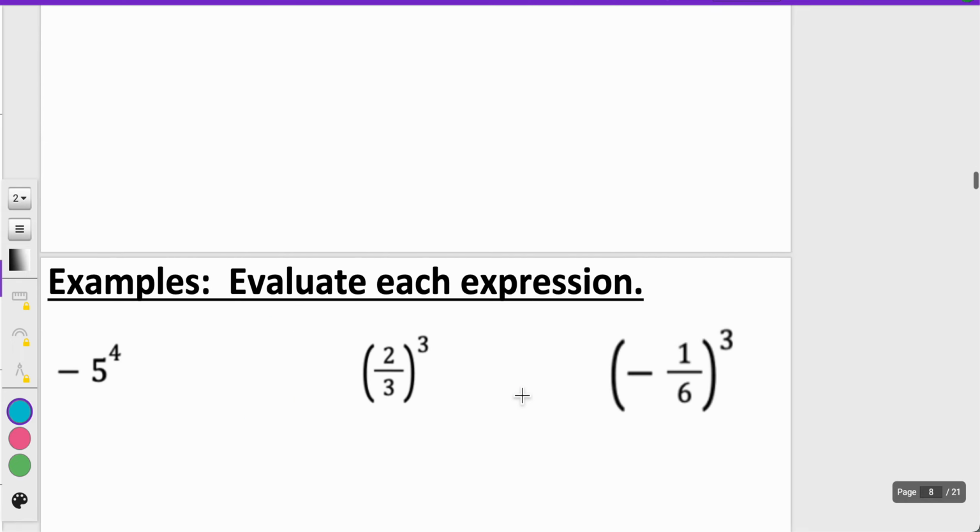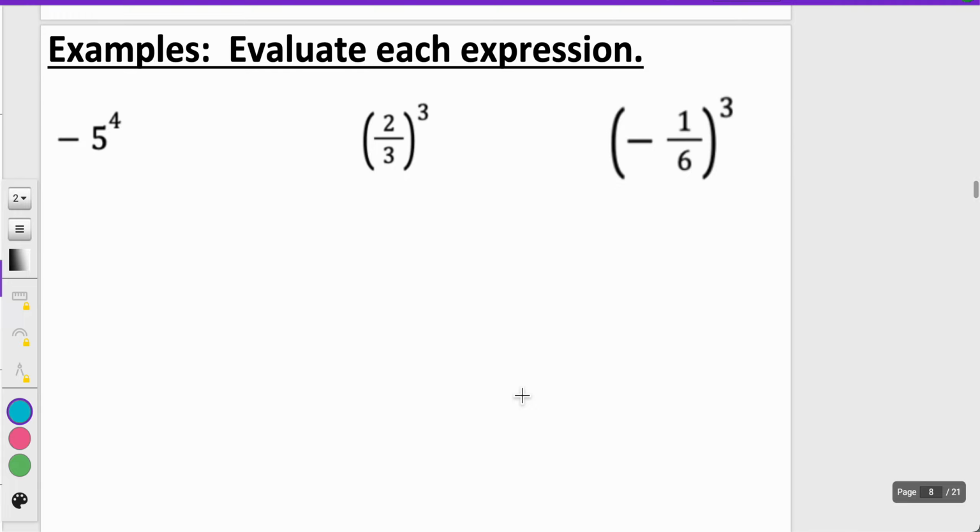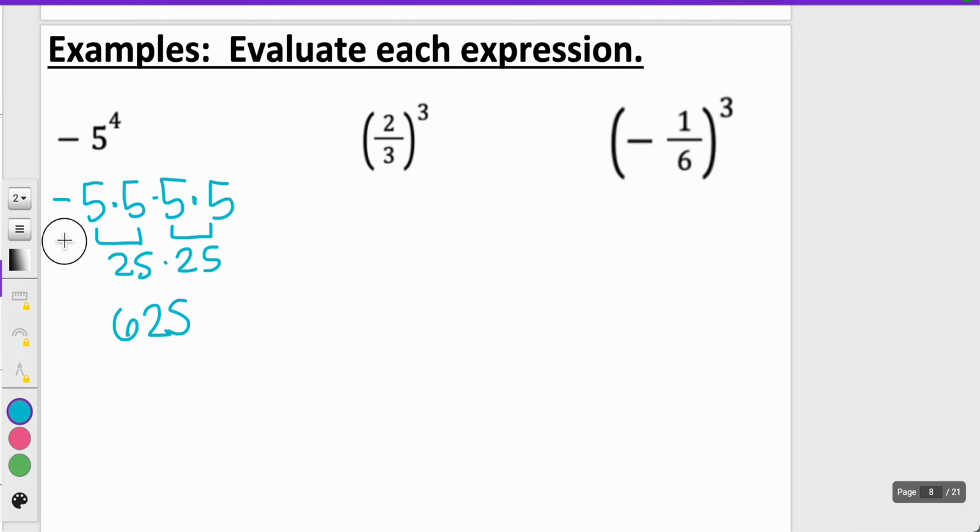Okay? We're also going to see a few more of these, so let's take the time here and try this. -5 to the 4th power without parentheses, meaning a negative stays in front, and we'll have 4 of these 5s. So really I'm just doing 5 times 5, and 25 times 25 I believe is 625, and then we just bring down that negative. Okay? Next up we've got a fraction, and that fraction's in parentheses, so that means I need to see that fraction 3 times.